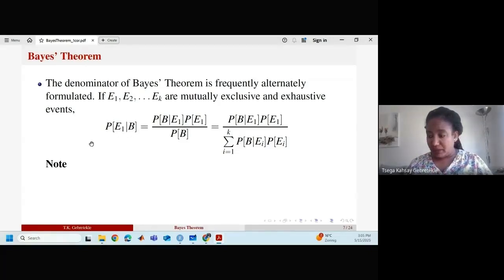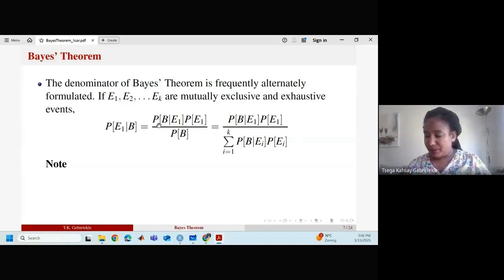And similarly, what will be the probability of E2 given B? And so on. So for general i, what is the probability of Ei given B?